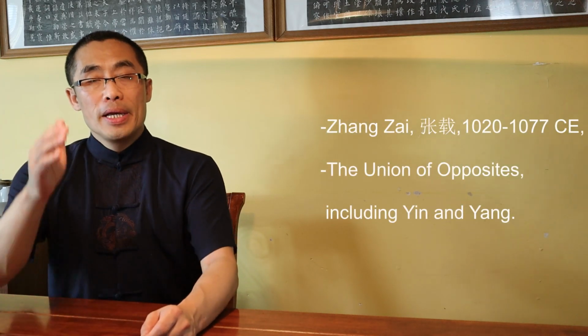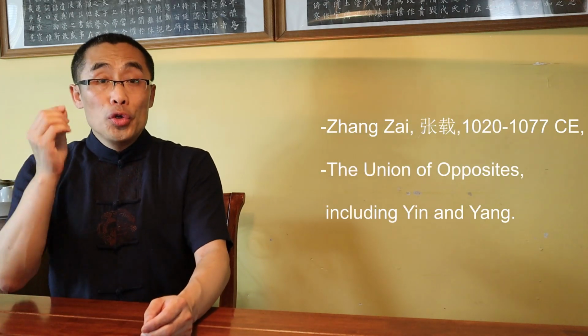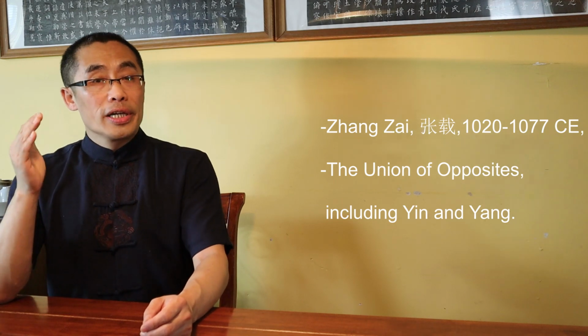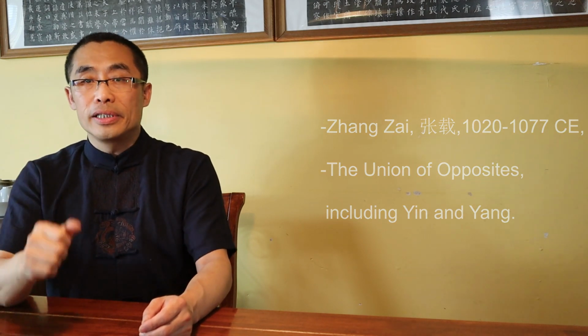Later scholars such as Zhang Zai, from 1020 to 1077 CE, believed that the union of opposites, including yin and yang, is Tai Chi.